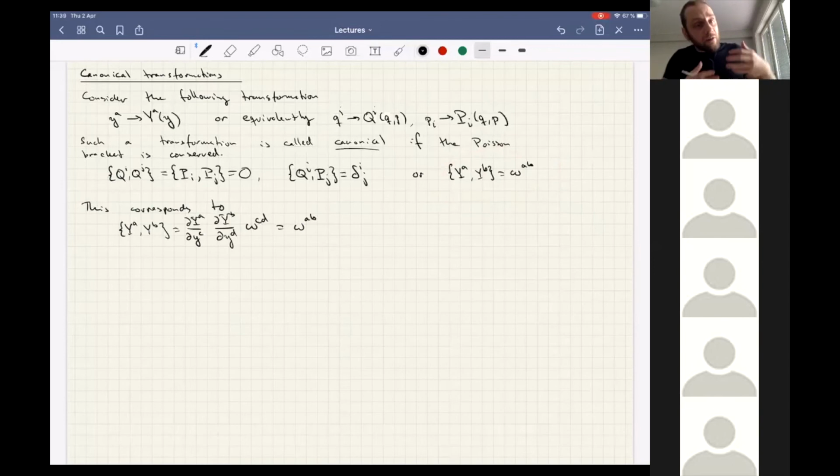And you see now, if you just look at this expression, it reminds us very much of the coordinate transformation properties of tensorial components. So essentially, this thing here is the transformation rule for omega, and saying that it's equal to omega AB just says that the components should be invariant under canonical transformations.